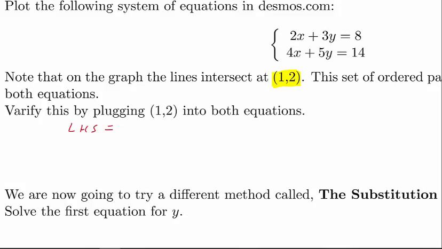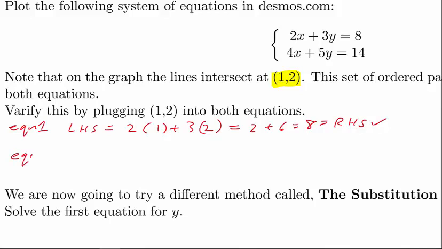So we plug it in. Left-hand side equals 2 times 1 plus 3 times 2, which becomes 2 plus 6, which is 8, which is the same as the right-hand side. So it checks out. That is again for equation 1.